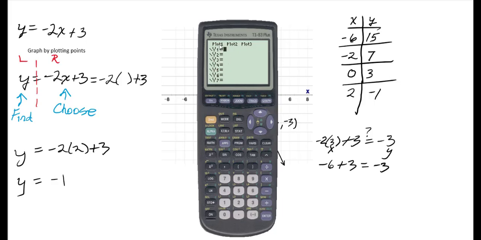But before we get into that, let me talk about the plots at the top here. So if I use the up arrow key, I could highlight plot 1, and so you want to make sure that your calculator does not have plot 1 highlighted. If it is highlighted, just hover over it and press enter to unhighlight it.